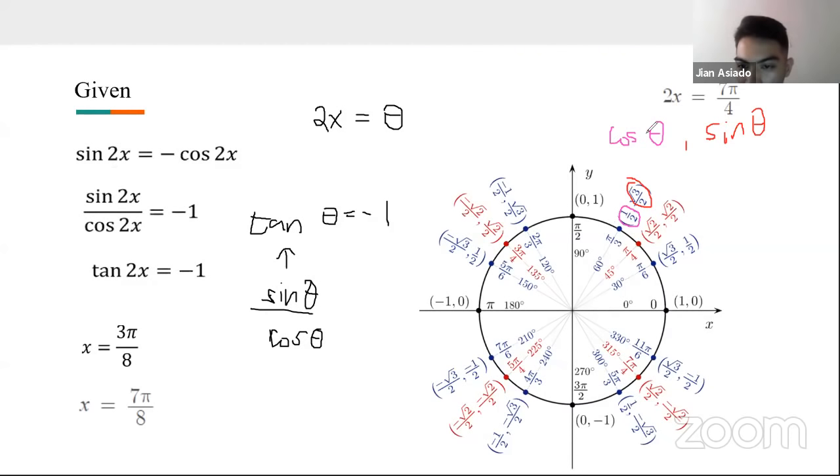So for example, cosine of pi over 3 equals 1/2. And on the other side, say cosine of 7 pi over 6 equals negative square root of 3 over 2. Okay, so going back.